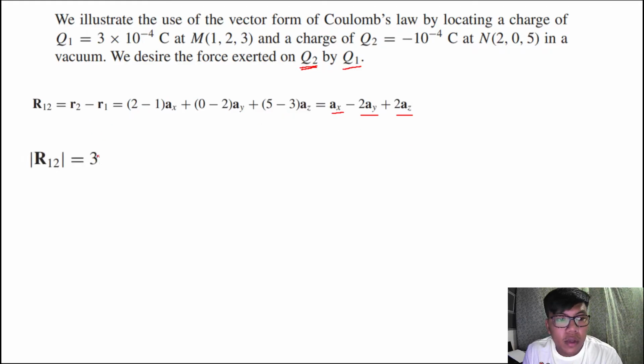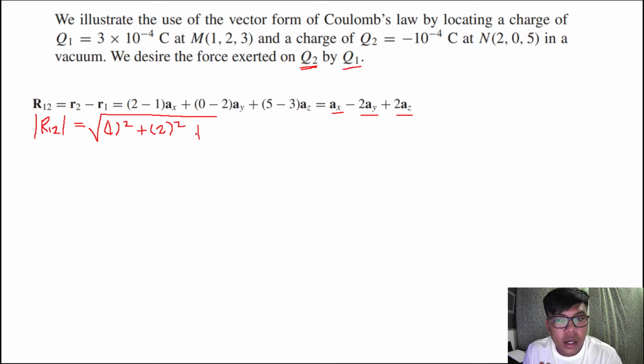Okay, so we have now the R12 or the magnitude, ito kailangan natin. So, we have a square root of 1 squared plus 2 squared plus 2 squared. So, we have 1 plus 4 plus 4, that is 9. Square root of 9 is 3.